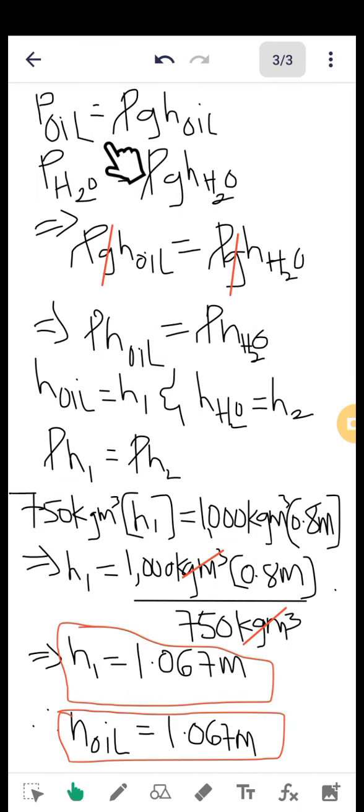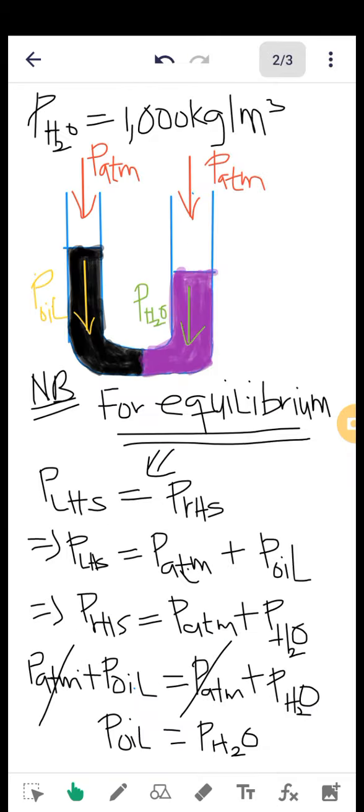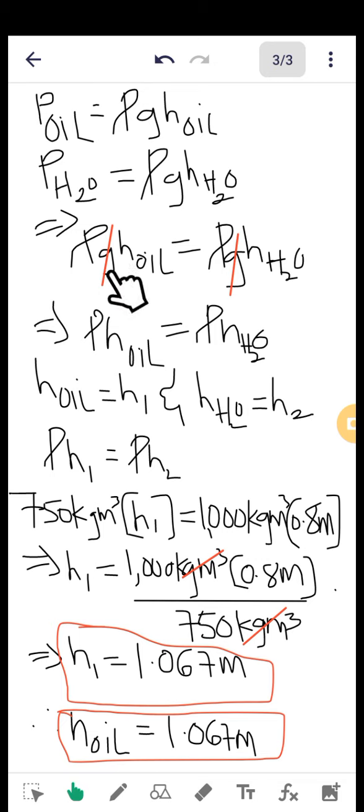My pressure of oil is equal to the density of the oil times the gravity times the height of the oil. Also, the pressure of the water is equal to the density of the water times the gravity times the height of the water. Since the pressure of the oil equals the pressure of the water, we can rewrite it as rho g h of the oil equals rho g h of the water.